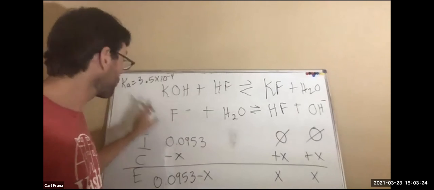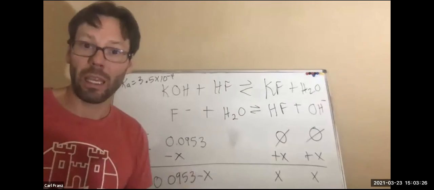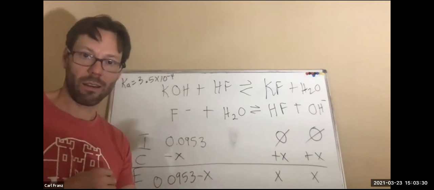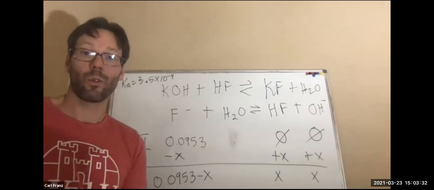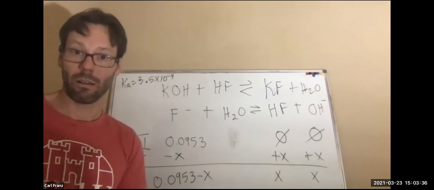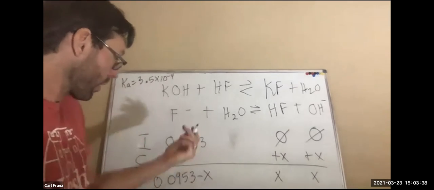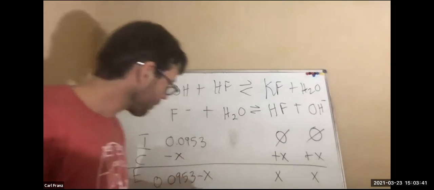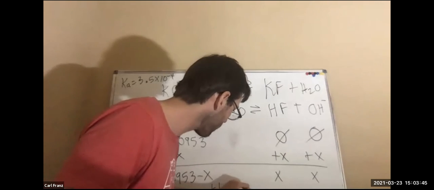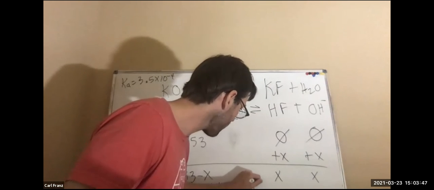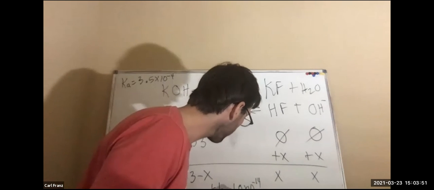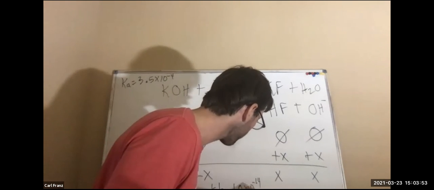So we don't set it equal to Ka, we set it equal to Kb. And if you remember, Ka times Kb equals Kw, or 1.0 times 10 to the negative 14. So we could say that Kb equals 1.0 times 10 to the negative 14 over 3.5 times 10 to the negative 4.